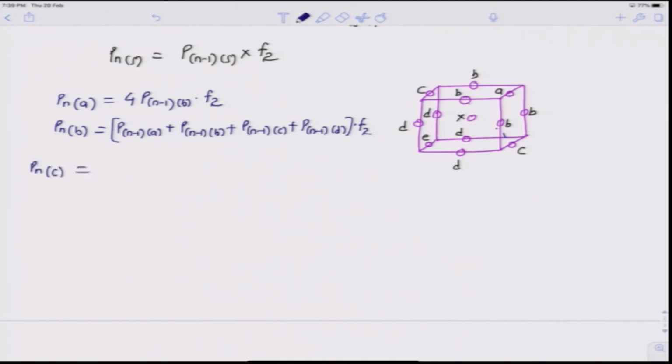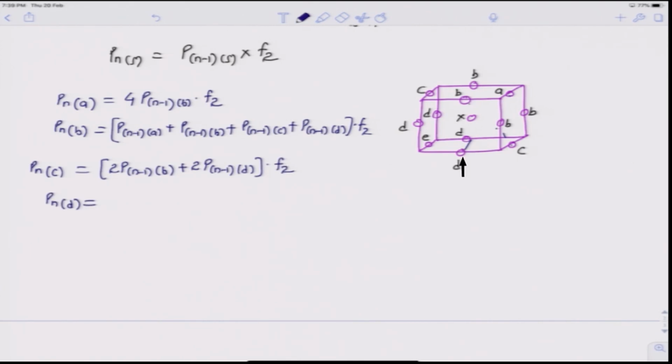Similarly, for C, if we consider any C atom, the common nearest neighbors between C and x are 2 B atoms and 2 D atoms here. So, this should be 2 times Pn minus 1 of B plus 2 times Pn minus 1 of D times F2.